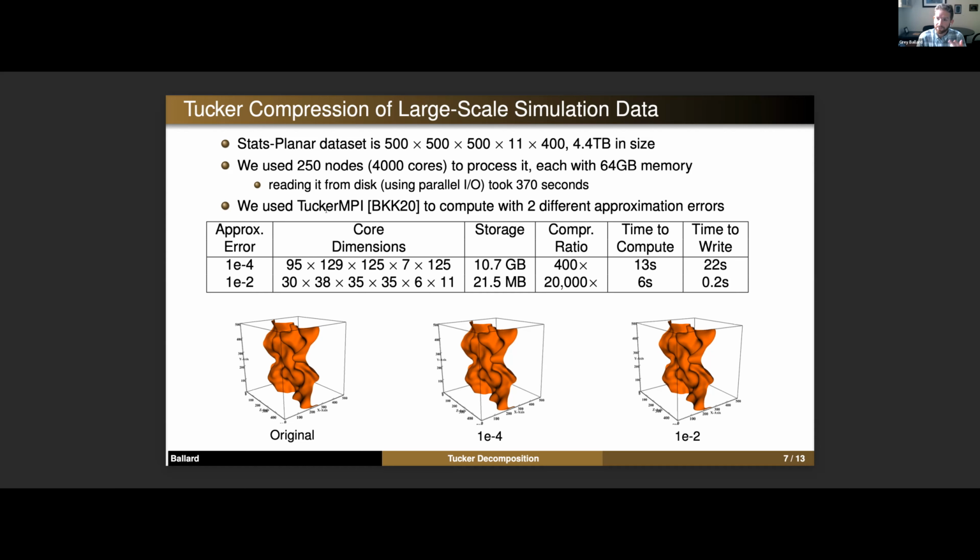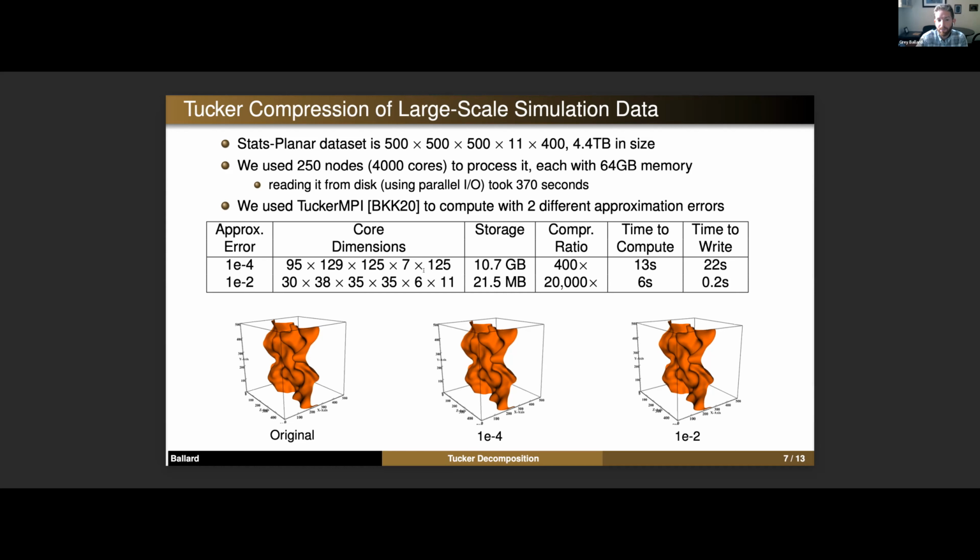And so we computed with 2 different approximation errors. We said we're willing to tolerate this much error, and we use 2 different parameters: 1e minus 4 and 1e minus 2. So 1e minus 4 is a more accurate representation than 1e minus 2. And then we got the smallest cores that we could find with our algorithm. The core dimensions are listed here.